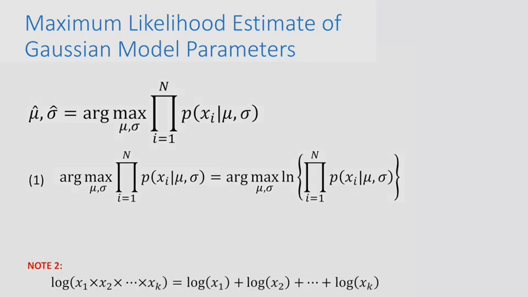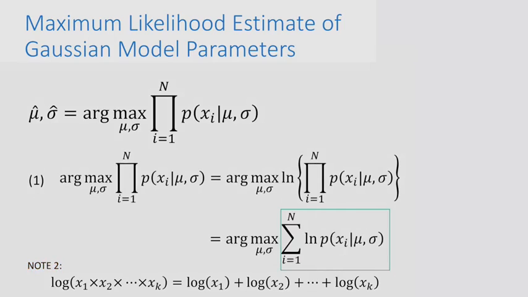Another property of the log function we are going to use is that the log of the product equals the sum of the logs. Then we can rewrite the problem as finding mu and sigma that maximize the sum of all the log likelihoods of the individual measurements.